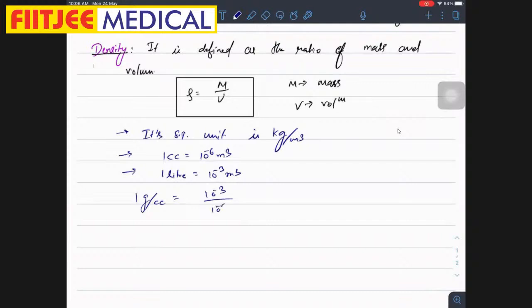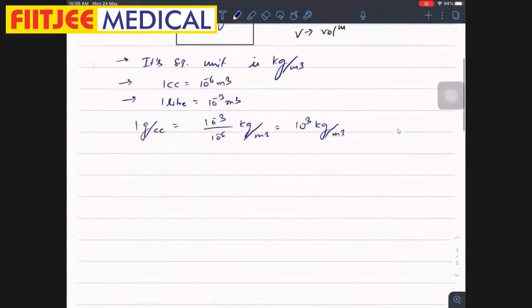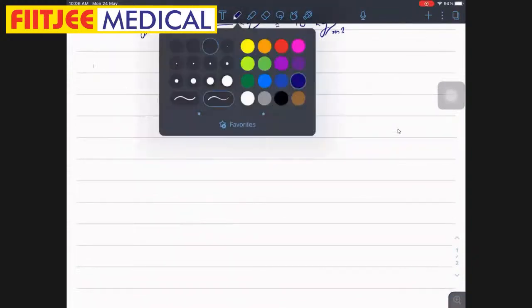So gram is 10 to the power minus 3 kg, and cc is 10 to the power minus 6 meter cube. So remember, to convert gram per cc into kg per meter cube, directly multiply by 10 to the power 3. So this is about the density of one liquid.